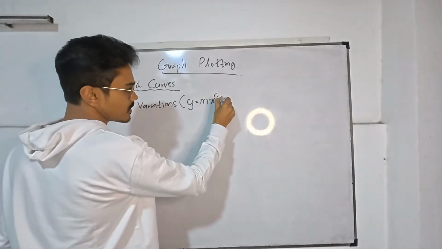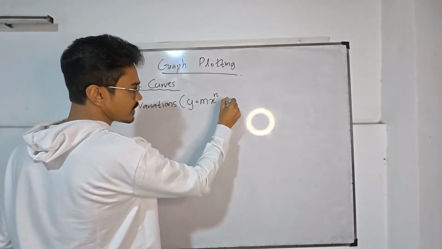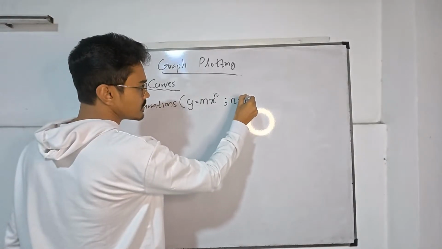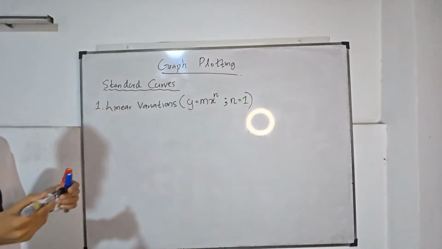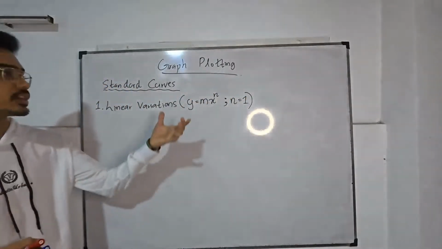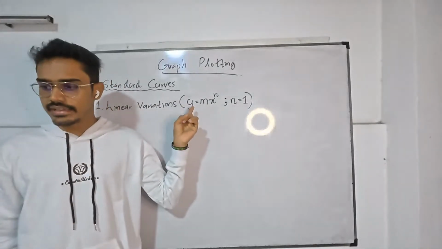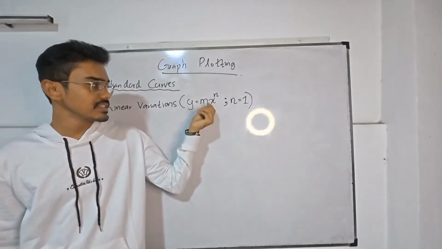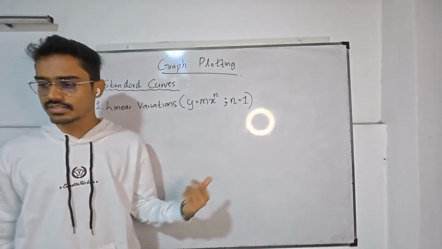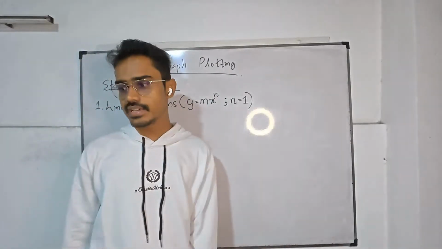When n equals 1, such a variation is called a linear variation. The equation is in the form of y equals mx to the power n, with n equals 1.